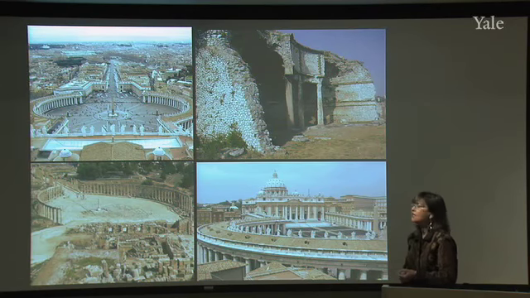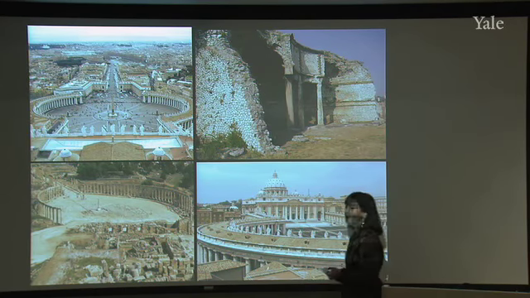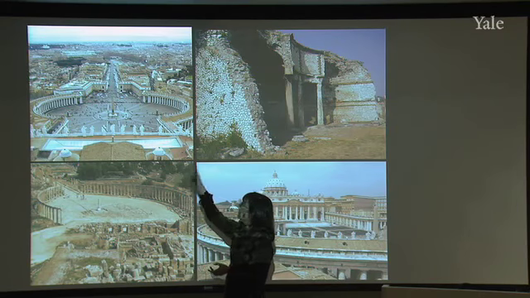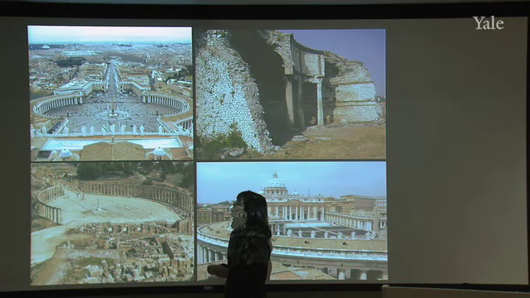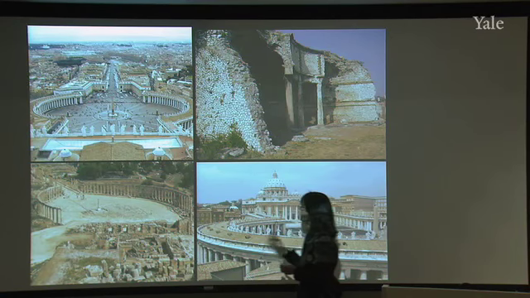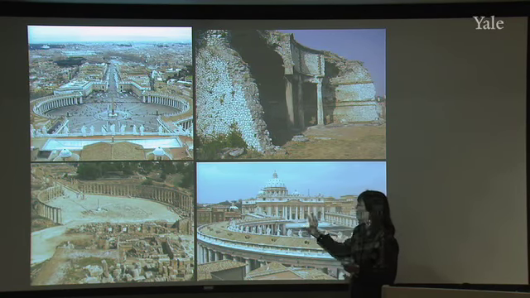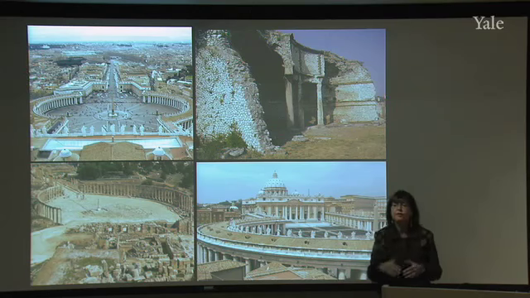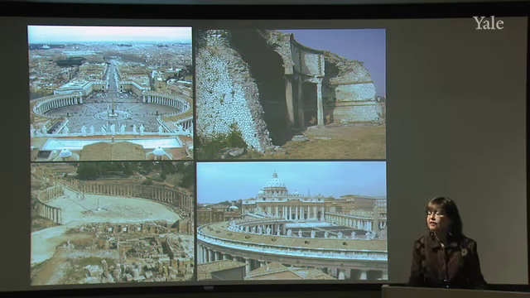But most interesting are the embracing oval arms of Bernini's colonnade, which you can see so well in the view on the upper left. The embracing arms of that colonnade and all the in and out movement that we find both on the facade and in the embracing arms is characteristic of 17th century Baroque architecture.